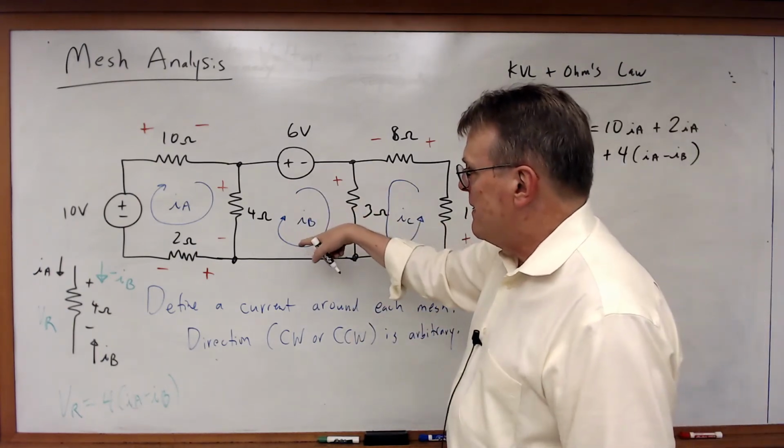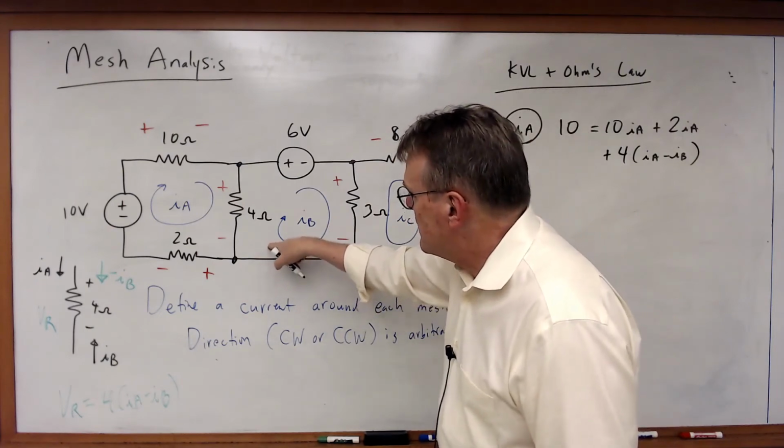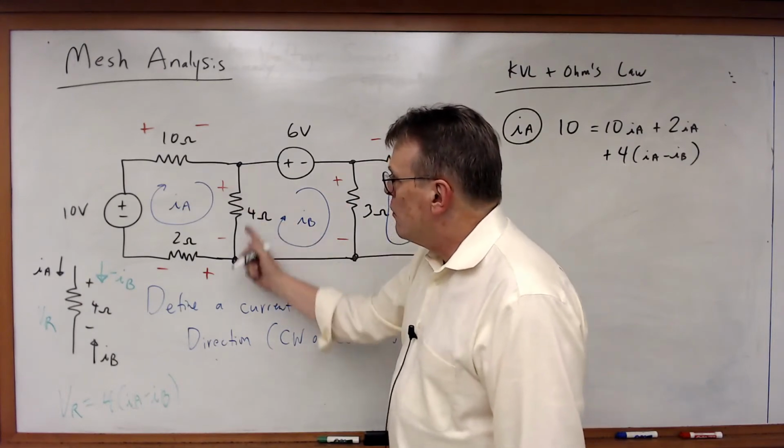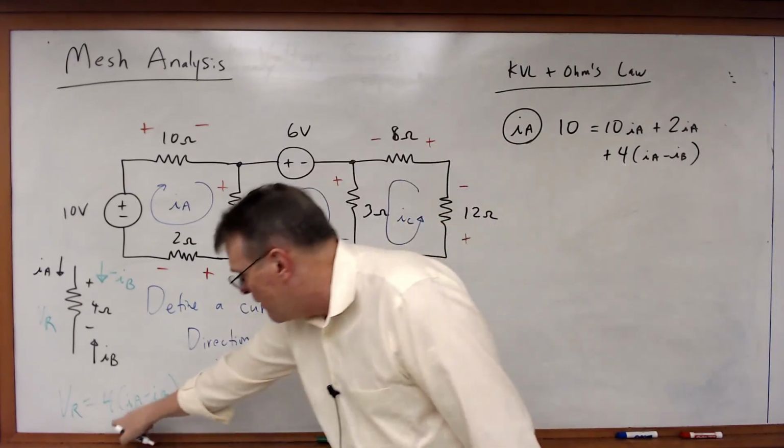Let's do mesh B. Mesh B, once again, I'm going to follow this around clockwise. Now this is a voltage rise, but it's still that value.